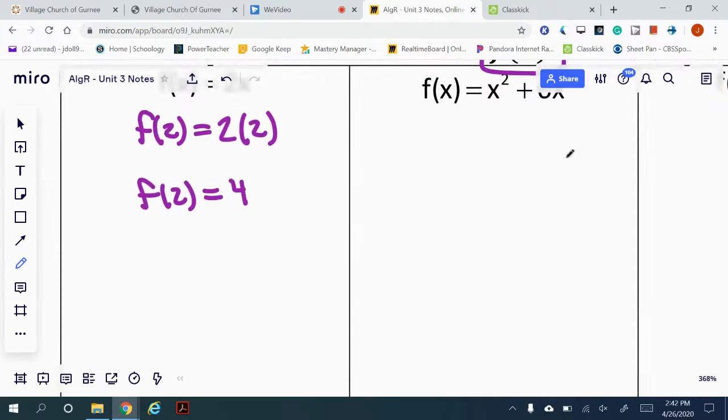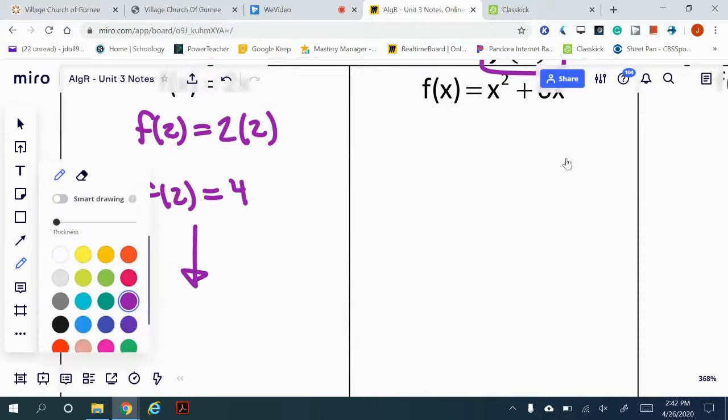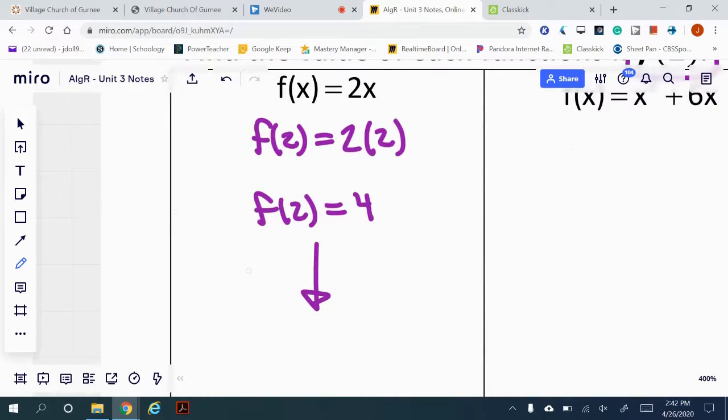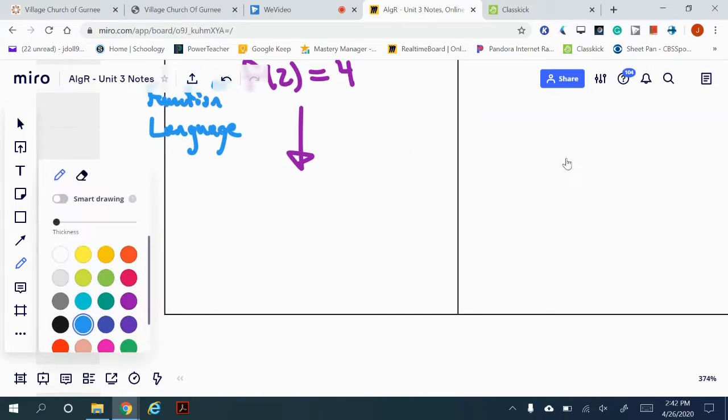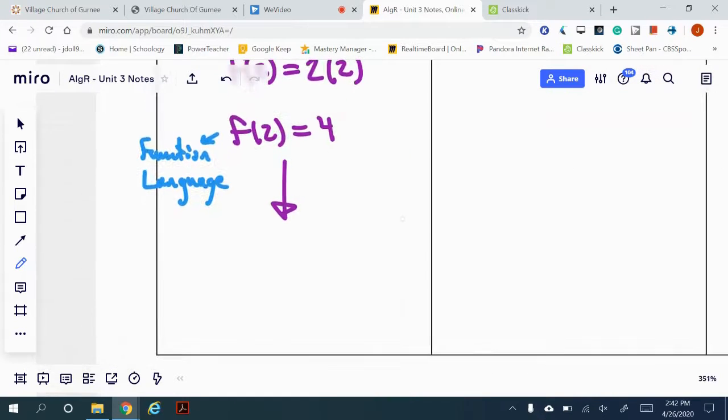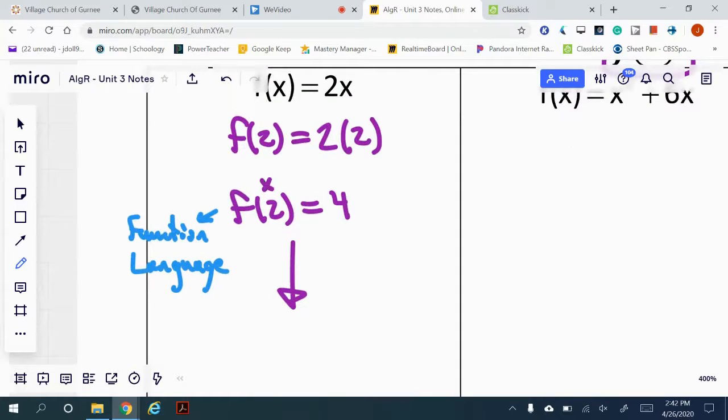Now, here's the question. That's function language. So this right here, this is function language. How would this look in relation language? Well, again, what we know is we know x is 2 and f of x is y, and that's equal to 4.